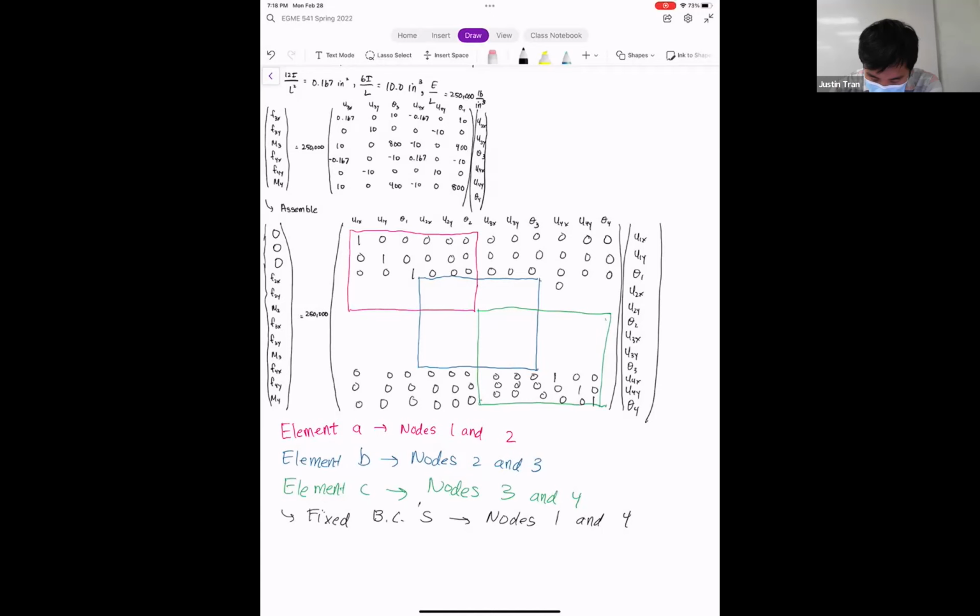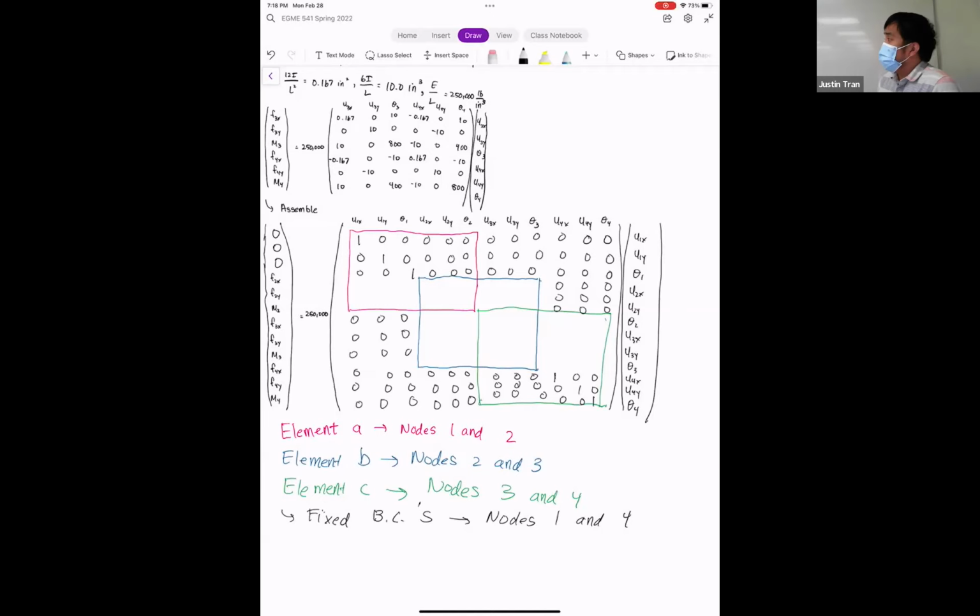So here we have 0, 0, 0, 0, 0, 0, 0, 0, 0. Okay. 0, 0, 0, 0, 0, 0, 0, 0. I know not everything's lined up well, but the number of entries there is correct.